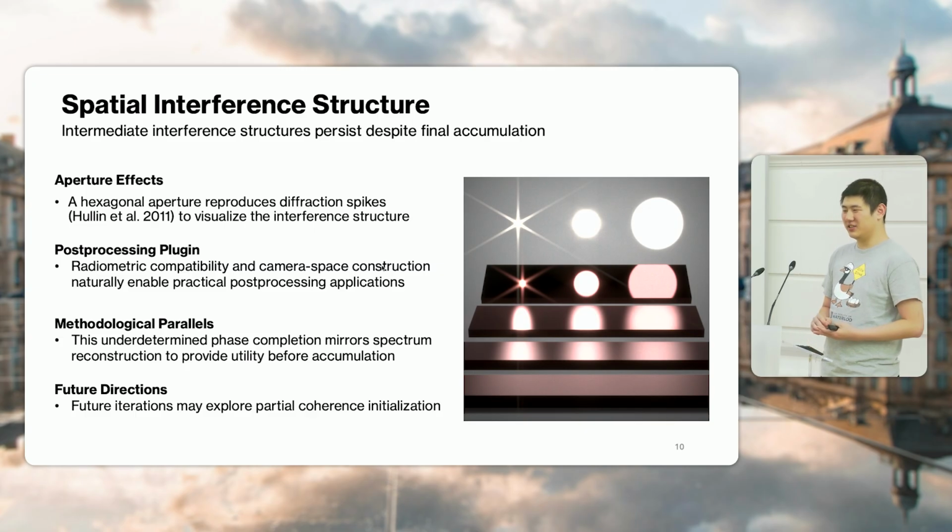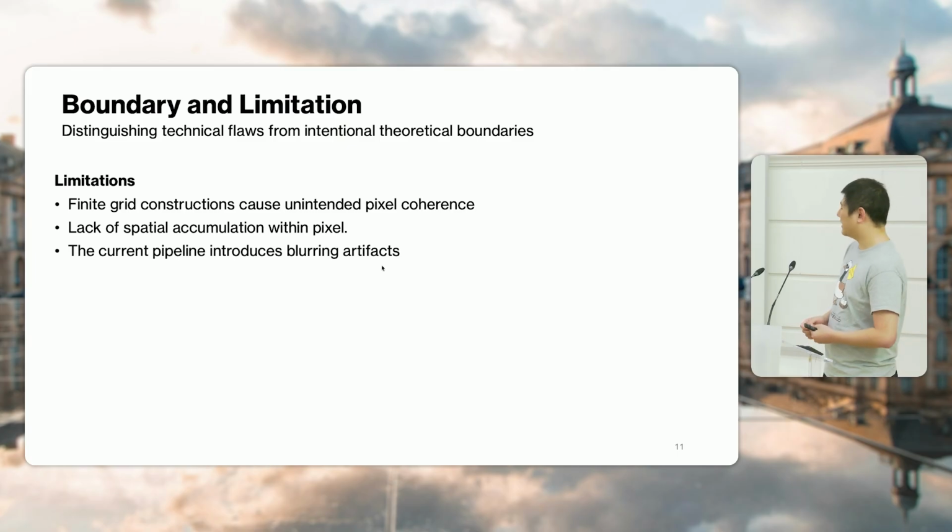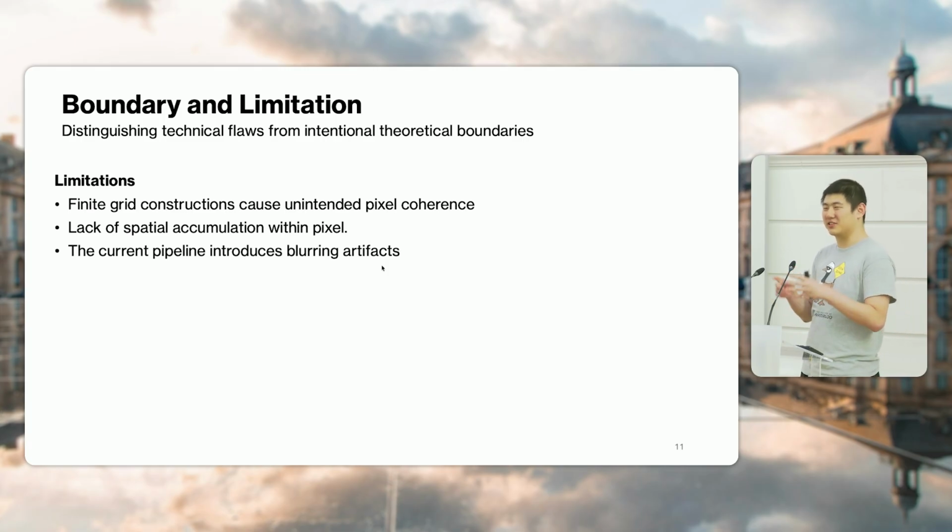Before closing, we should separate the limitation from the theoretical boundary chosen by us. So on this slide, I list the limitation and the boundary. For the limitation, the main limitation of our work is that, remember, we get the texture from the path tracing, so we propagate using textures. Each pixel in the texture represents a physical area in the camera space.